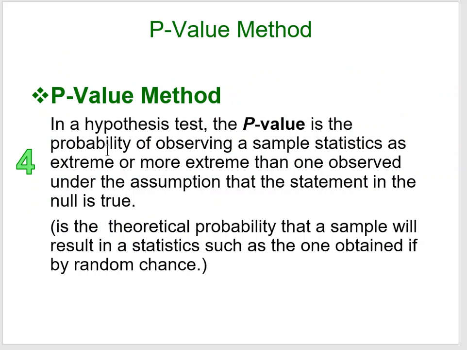The p-value is the probability of observing a sample statistic as extreme or more extreme than the one observed, under the assumption that the statement in the null is true. That means it is the theoretical probability that a sample will result in a statistic such as the one obtained if I obtained it by random chance? And it's that I compare against my risk in order to draw my conclusions.